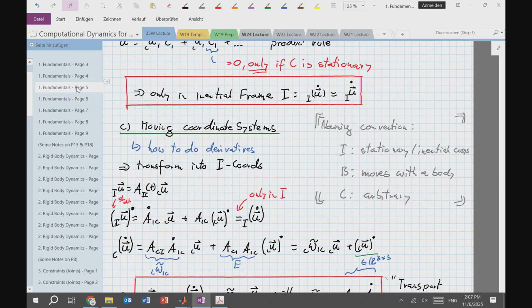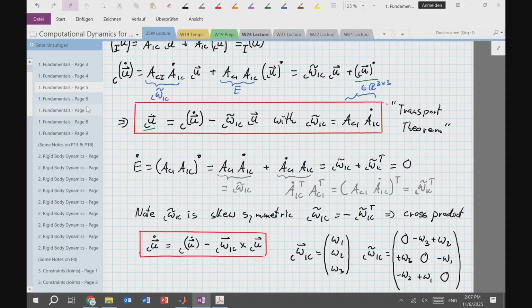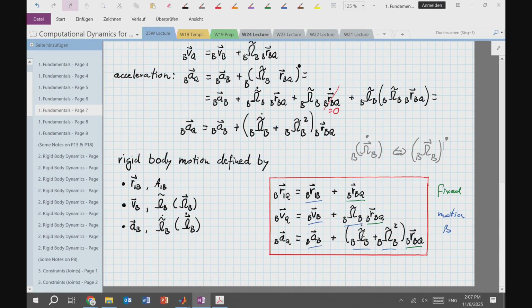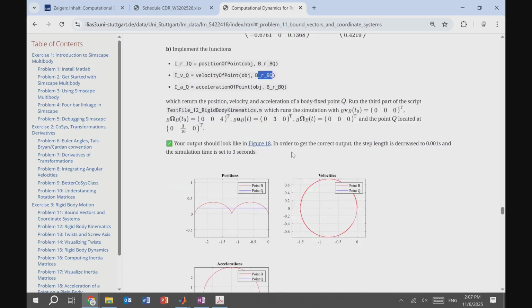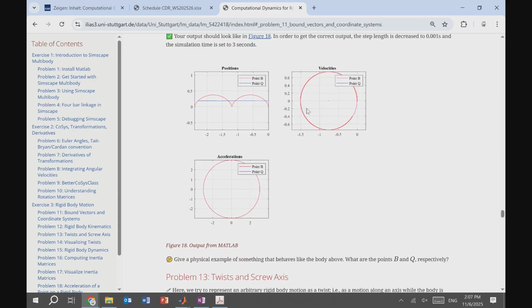See how far I have to go back to show you this. These equations here: position, velocity, accelerations of points of bodies, and we want to implement those as a function of this rigid body kinematics class. So once you define the position and the orientation, you can get the position of any other point Q, and all of these functions require is this vector RBQ in the coordinates. And then there are again some test cases.